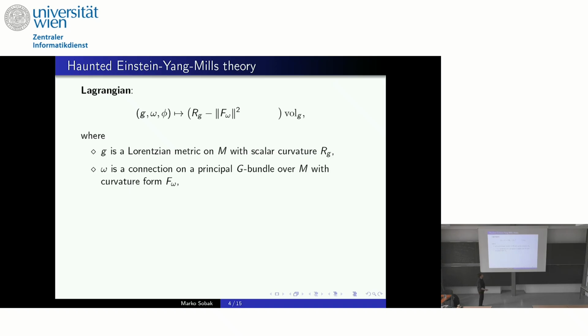Now for the spooky part that we need for wormholes, we have a phantom field, which is just a scalar field. But the interesting thing is that it has a reversed sign in front of its kinetic term in the Lagrangian, and that's why it's usually called a phantom field, and why I like to call this theory the haunted Einstein-Yang-Mills theory. Whereas for a normal scalar field, you would have a minus here.